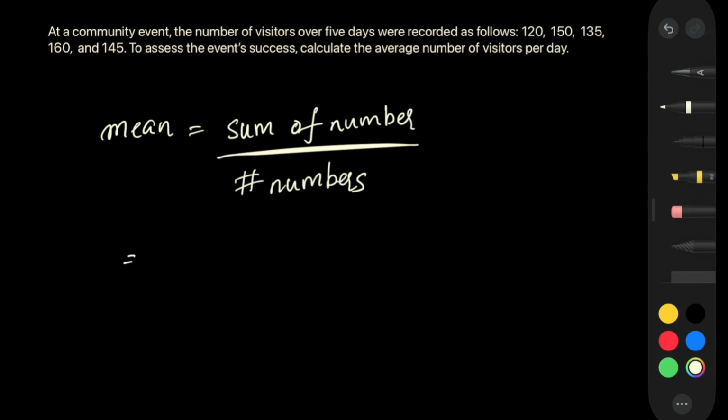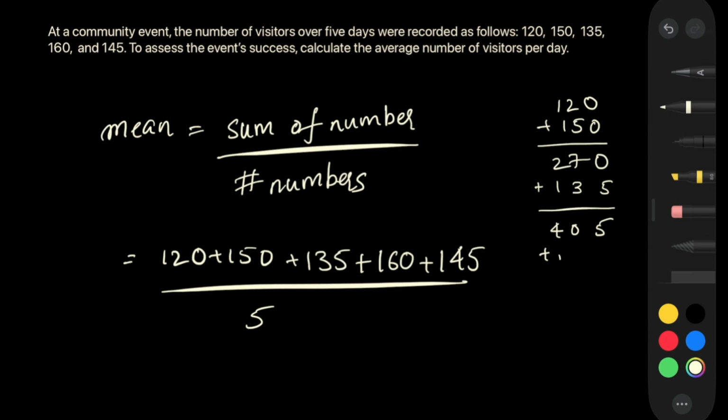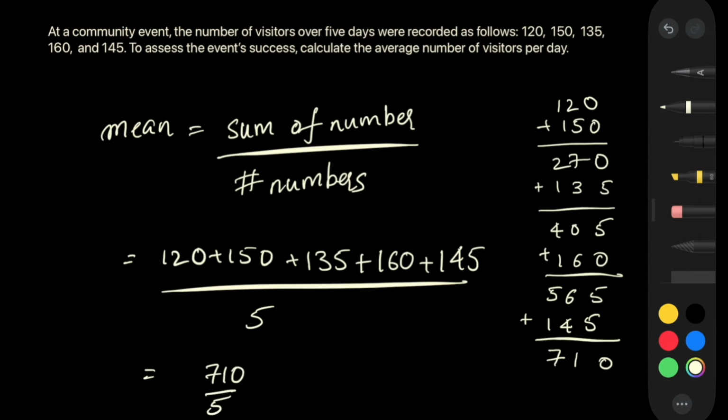So in this case, that is 120 plus 150 plus 135 plus 160 plus 145 divided by the number of numbers in that set, which is 5. That gives us 710 divided by 5.